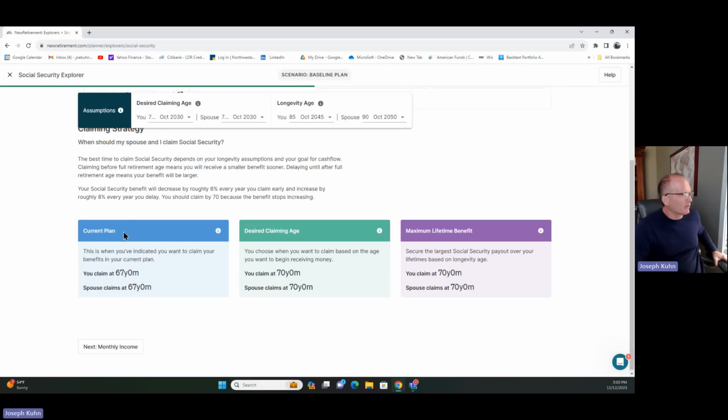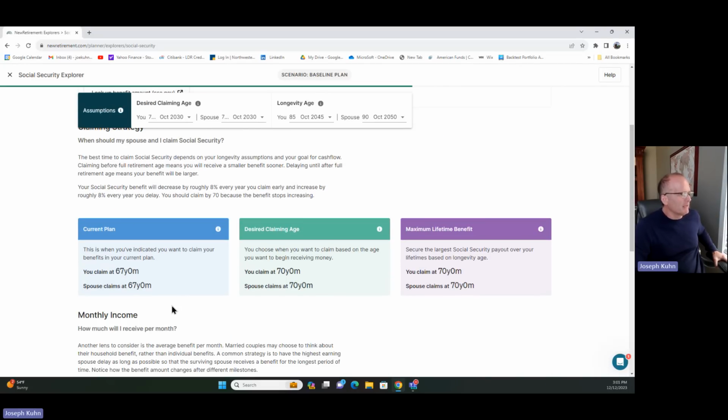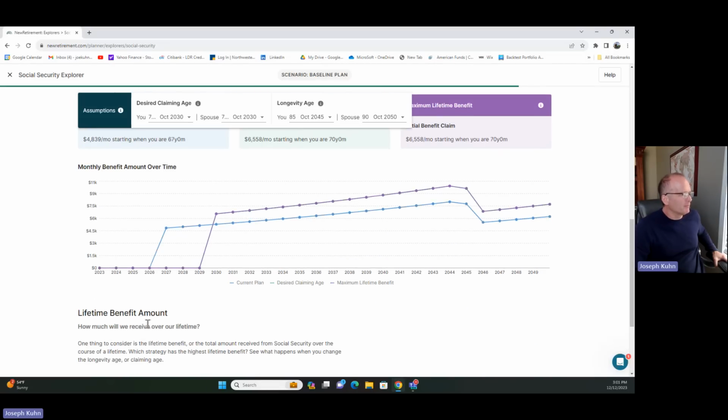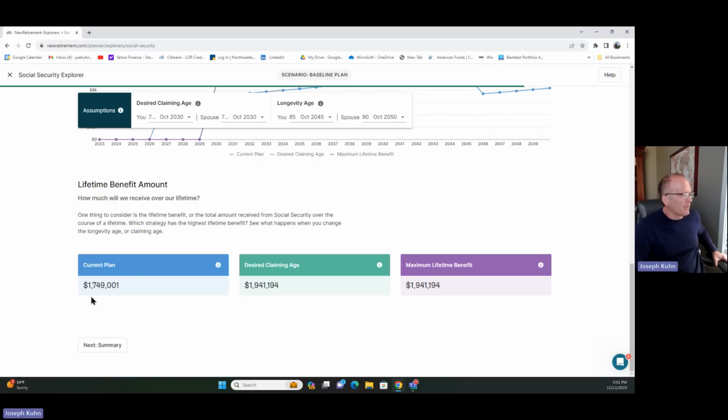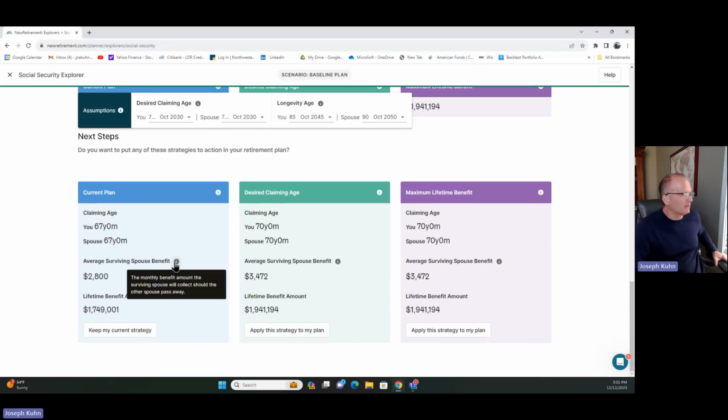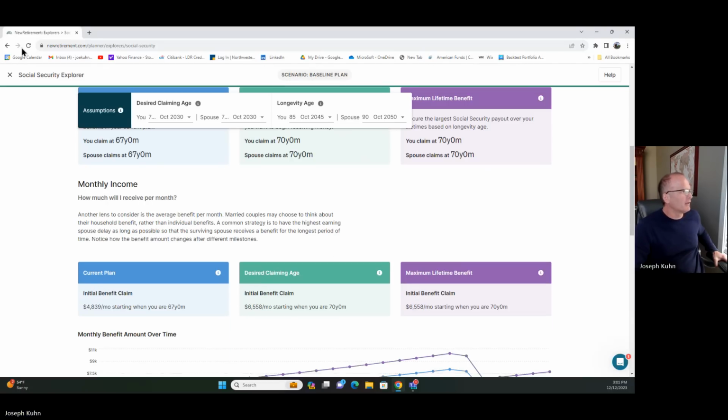They compare a current plan to a desired plan, your monthly income in both scenarios. Here's your monthly income year by year, lifetime benefit amount. Hey, if you claim at 67, you're going to claim 1.74. And if you take it at 70, you're going to claim 1.94. There's a summary page that compares the two. Just incredible.